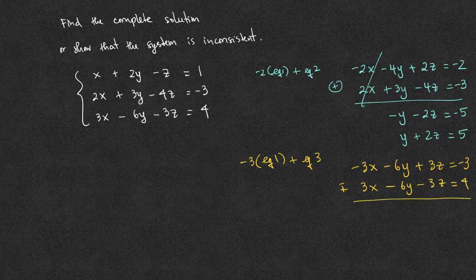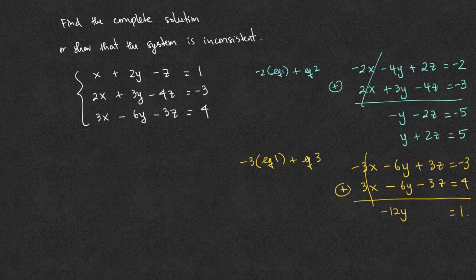We add these column-wise. 3x minus 3x is gone. Negative 6y plus negative 6y is negative 12y. 3z plus negative 3z is now 0z, and then on the right hand side, negative 3 plus 4 is 1, and this will be the third equation.